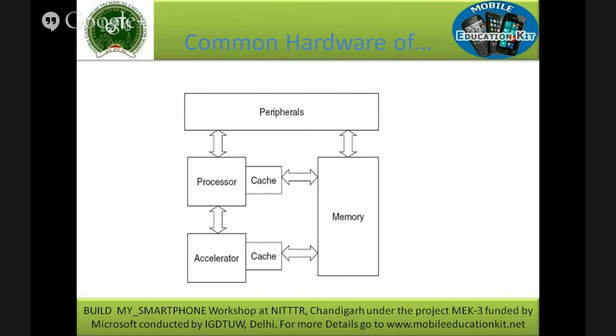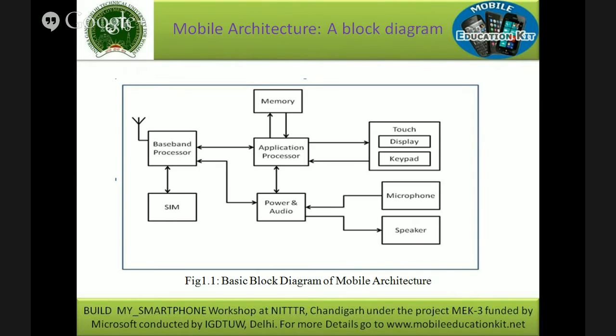So we will see in this particular architecture class how these two worlds, the desktop world and the mobile world, are different in terms of various parameters. That's why I did not give a name in the previous diagram: basic block diagram of, you name it, any computer, which is true.